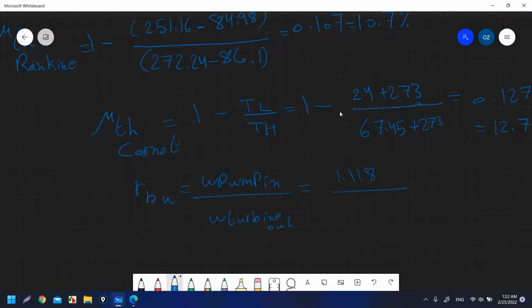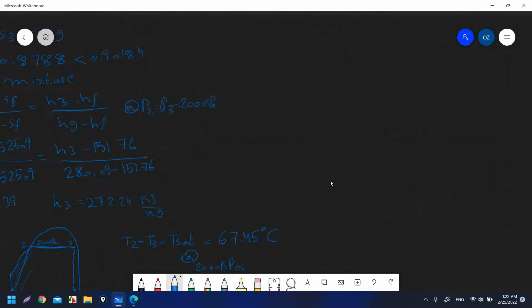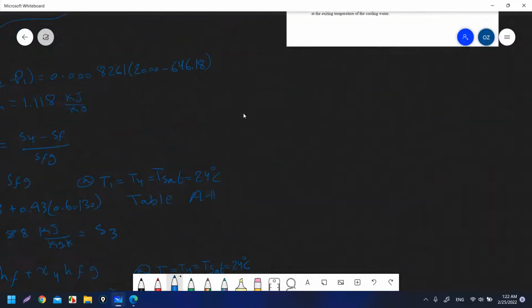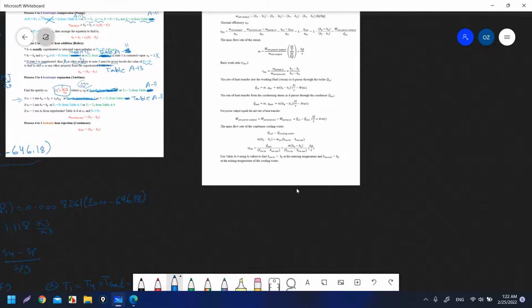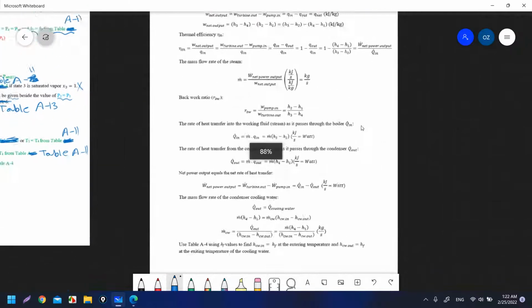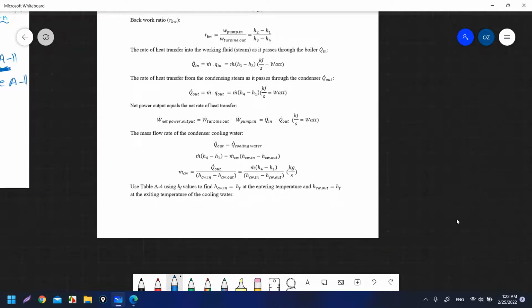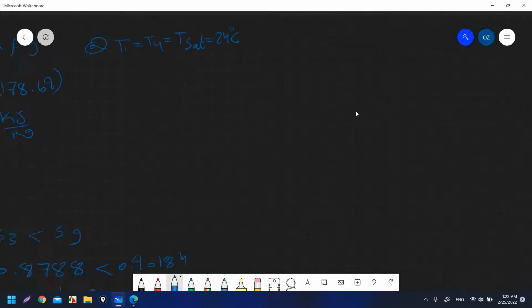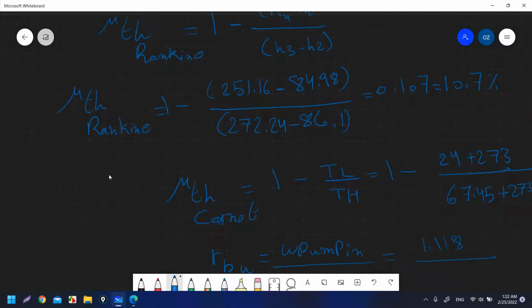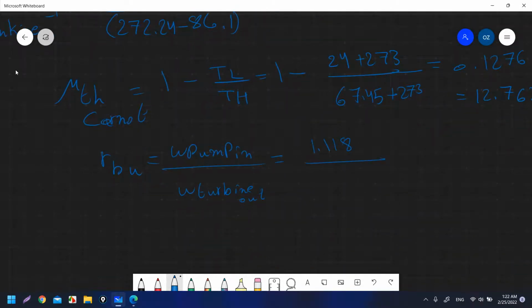But in the equation, as you can see, no need to find the work turbine out like this. You can use directly the enthalpies. You find all the enthalpies, so H3 minus H4. Okay, so I will write H3 minus H4. And this one is already H2 minus H1, which is the work pump, so 1.118 over H3 minus H4.